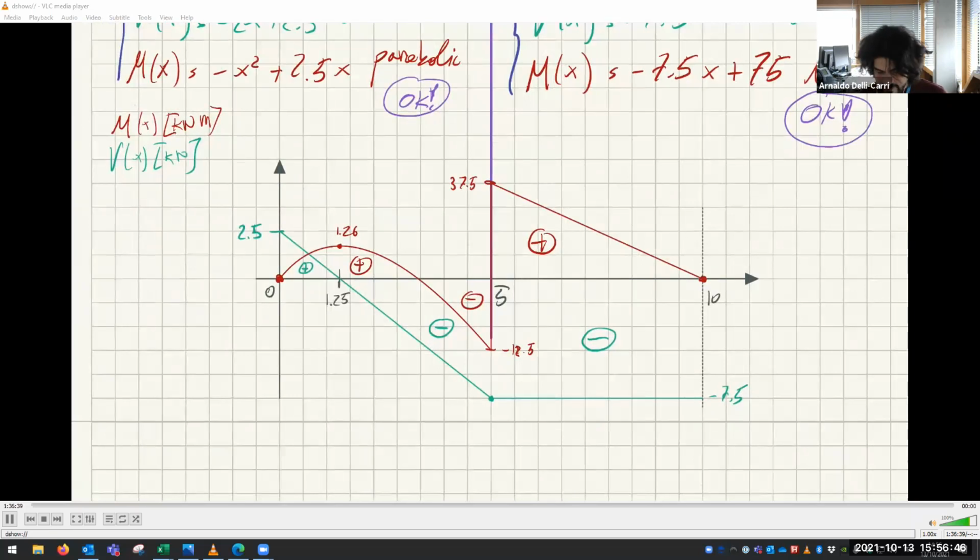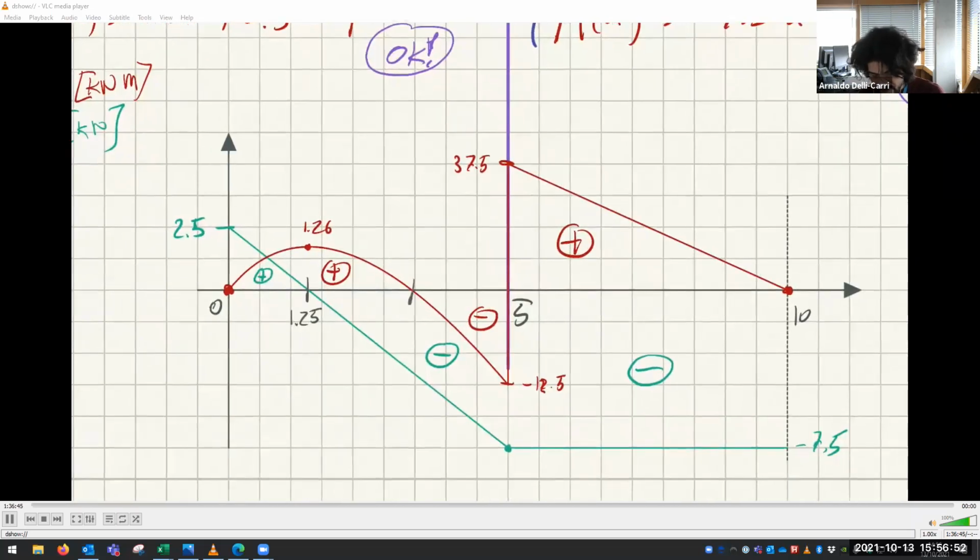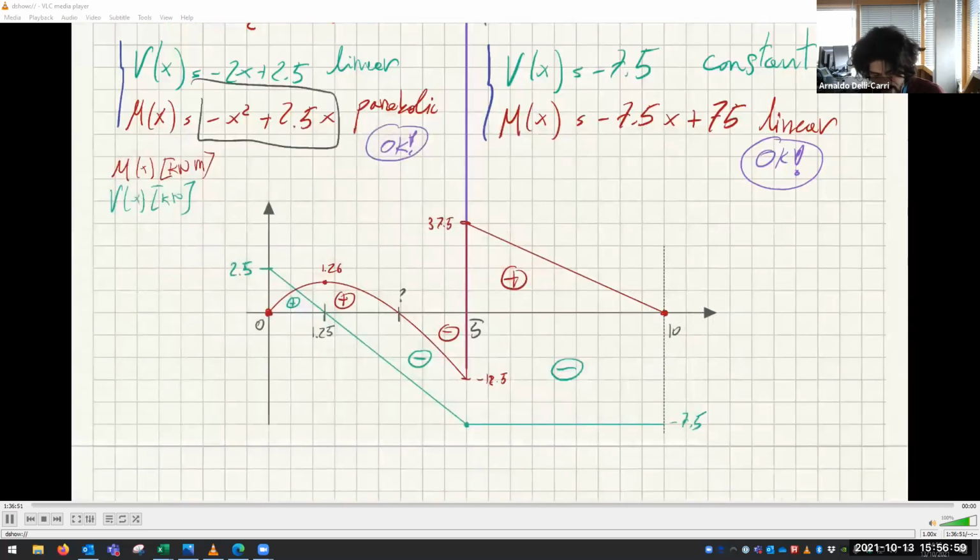Okay, is there another interesting point? Yes, there is another interesting point. It's the last one. The interesting point is where the bending moment is 0. So how do you find out? Well, you put this one equal to 0 and find out where it happens. So m of x equal to 0, that means that this is equal to 0. I can rewrite this as, agreed?